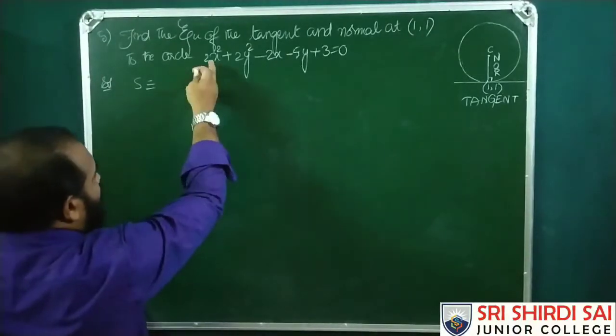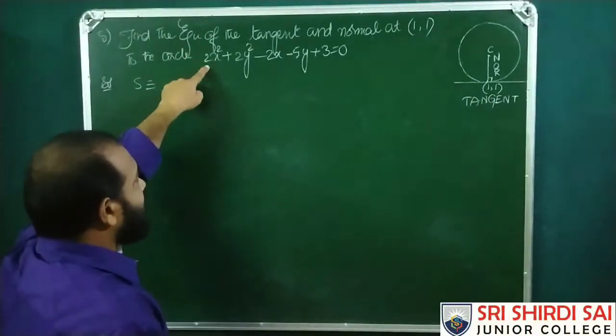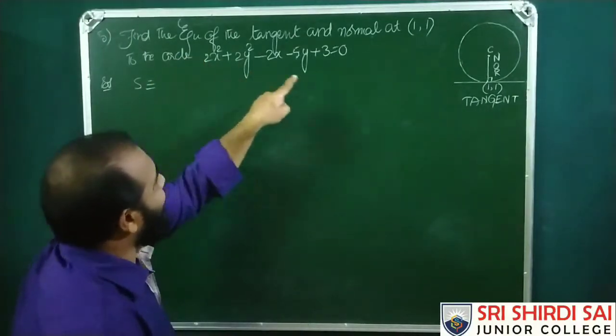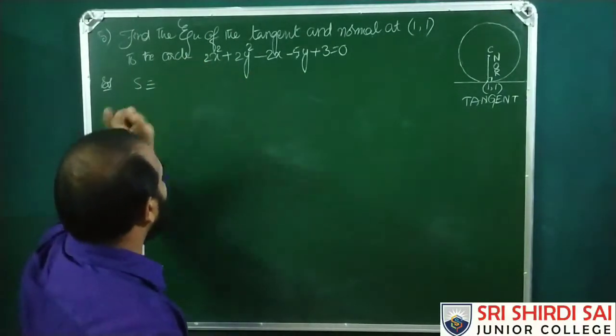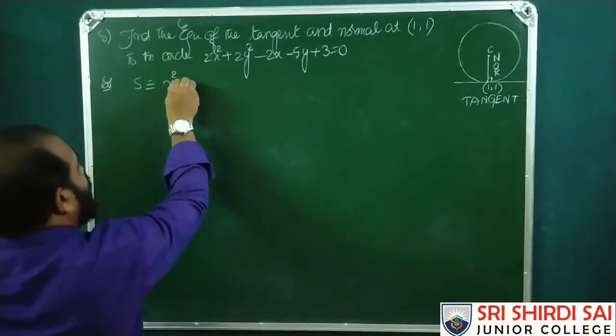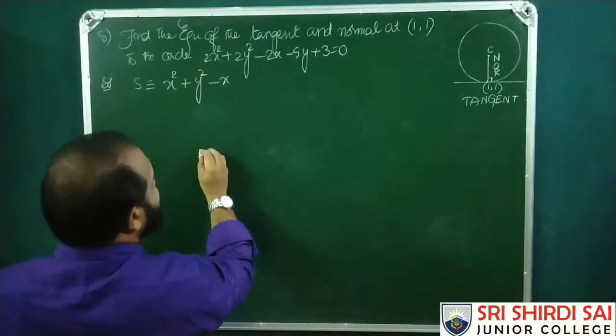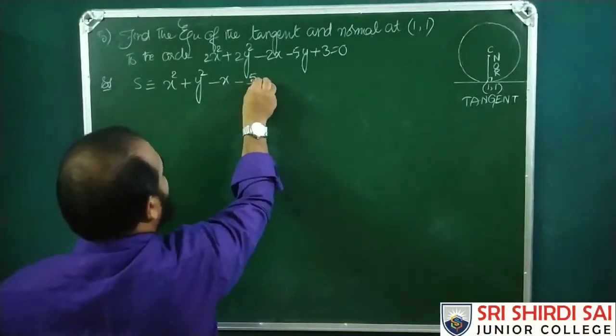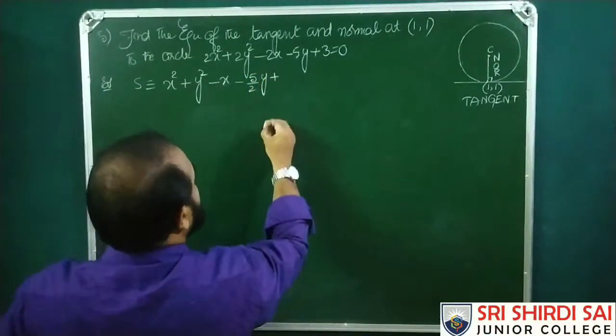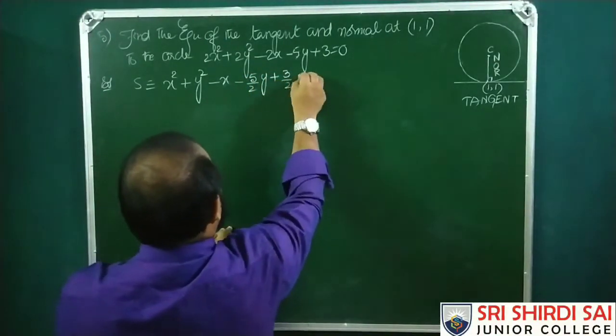So the coefficient of x square should be 1, for which we need to divide the entire equation by 2. Then x square plus y square minus 2x by 2, minus 5 by 2 y plus 3 by 2 equals 0.